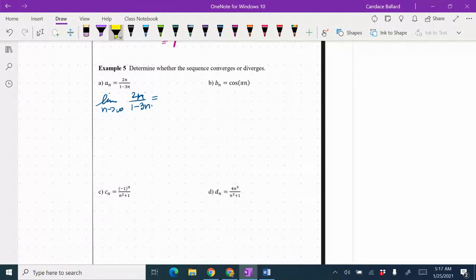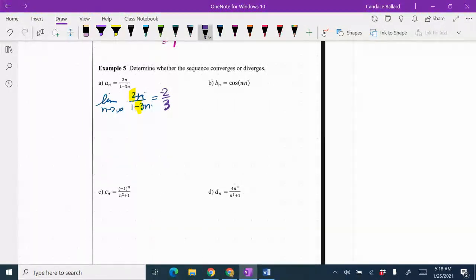So we know that the limit would have to be 2 over negative 3, or negative 2/3, because we're approaching infinity. We could also use L'Hopital's rule if you really wanted to on that.